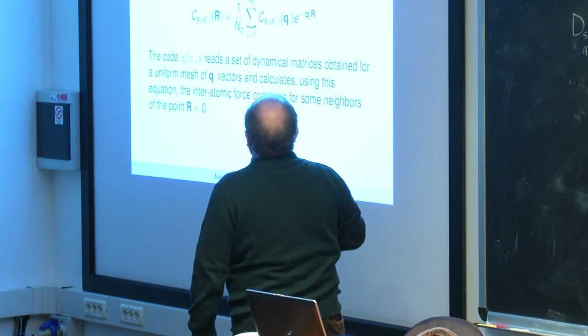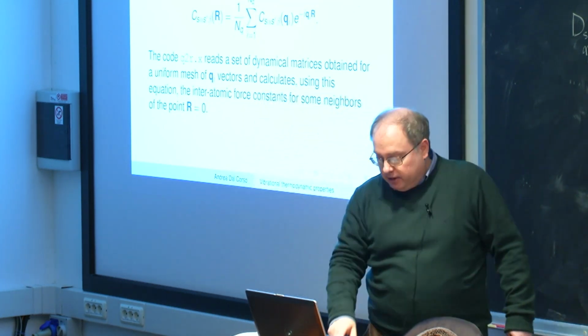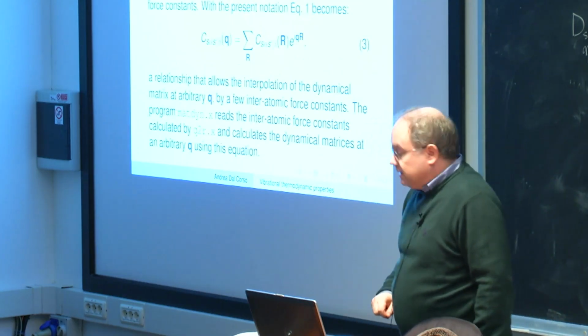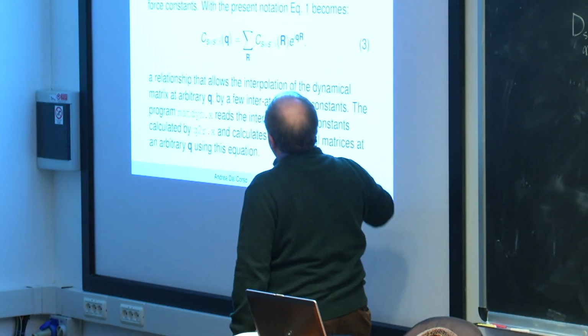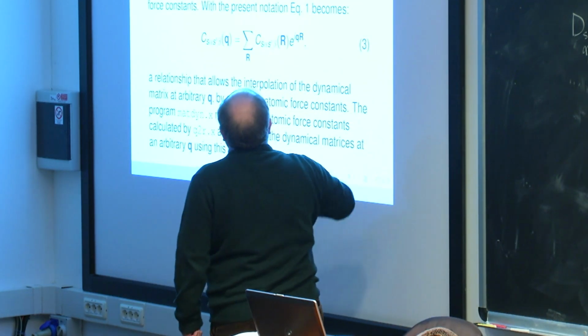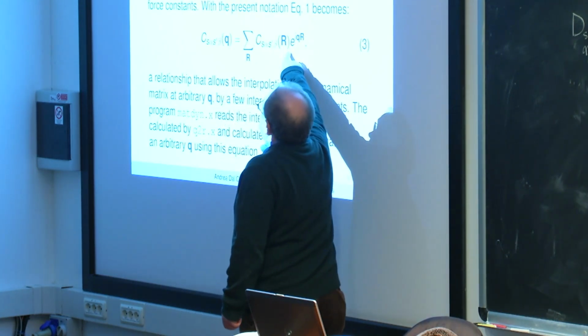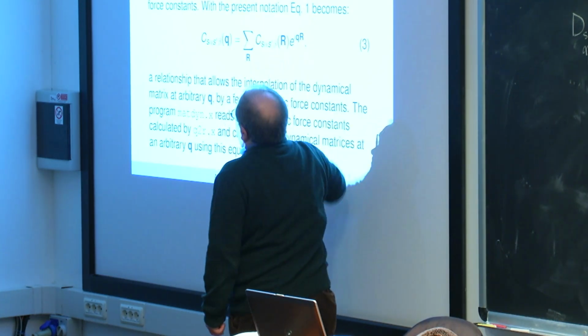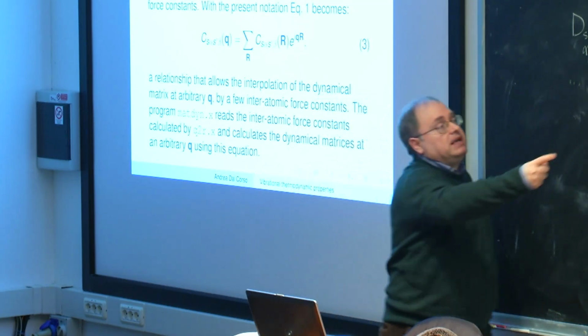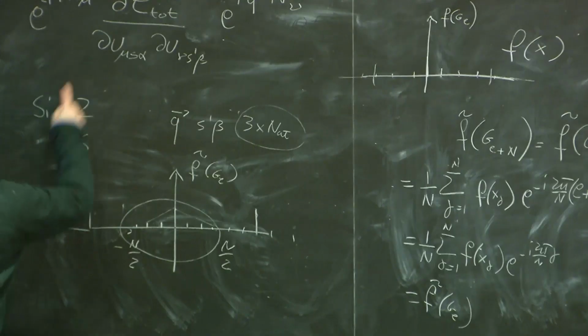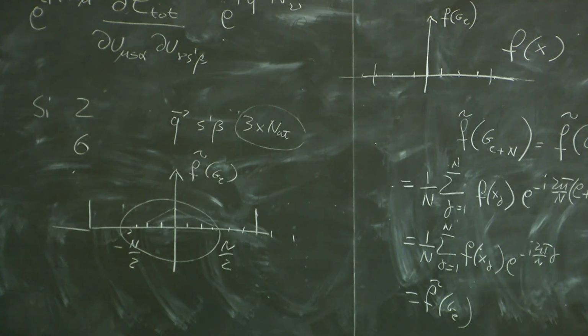Once we have the interatomic force constant, the approximated one, because this is done on a finite grid, we can use a Fourier transform, and this is another code that is called matdyn.x, which reads the interatomic force constant, and makes a Fourier transform. So you basically use this formula here to calculate the dynamical matrix in all the Q vectors that we want.